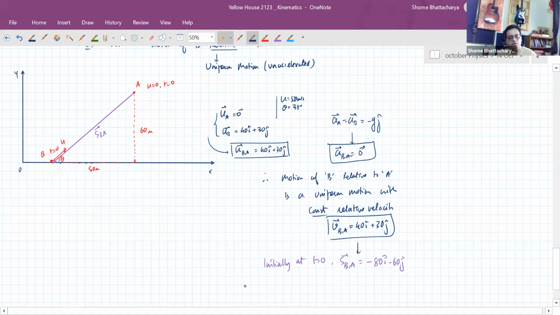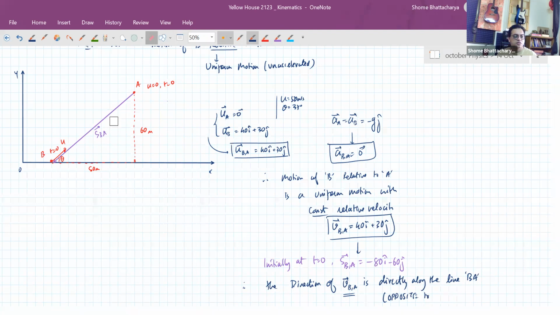So you can see that the direction of the vector V_BA is directly along the line BA. It is opposite to the position. Sorry, this is not displacement, this is position, so we should denote it with R.